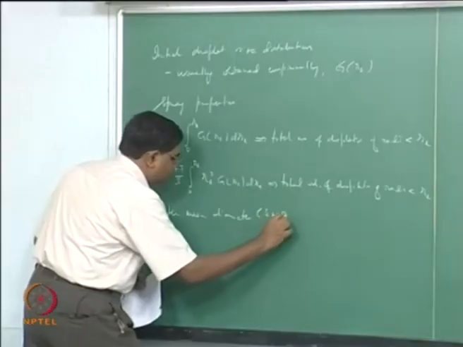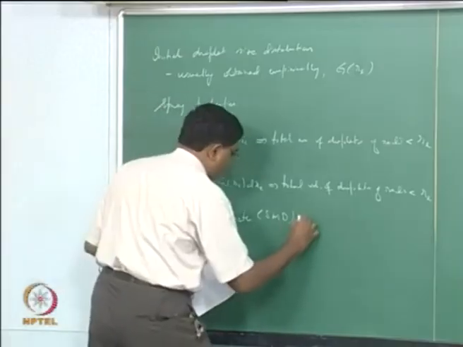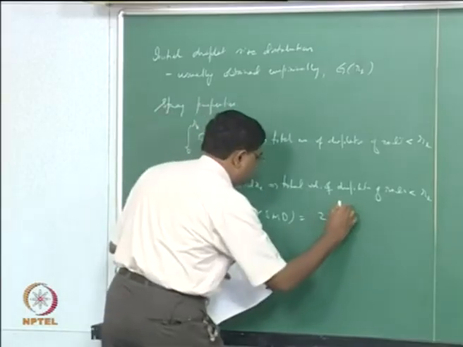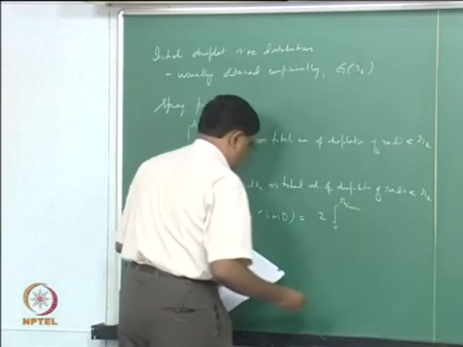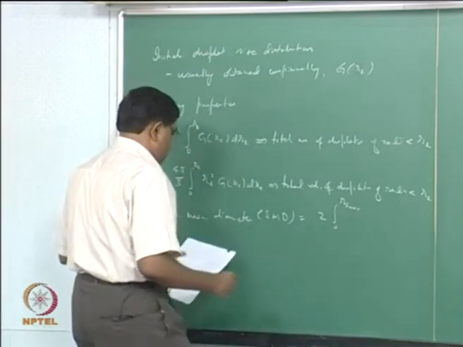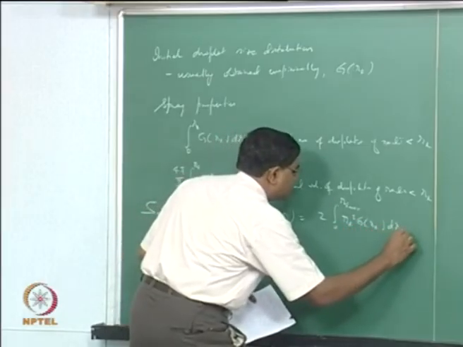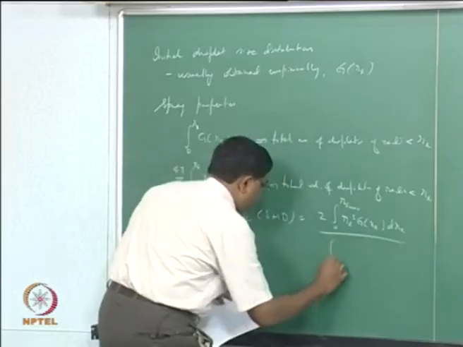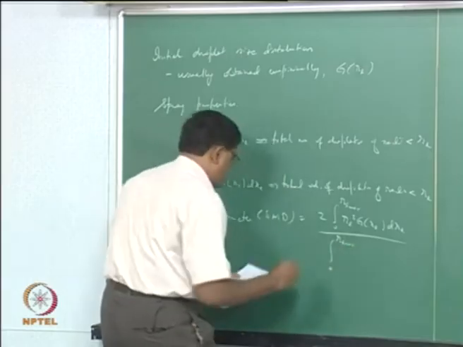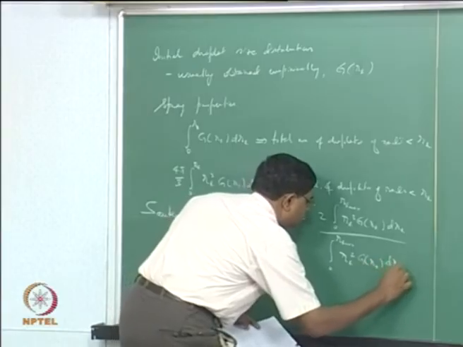or SMD, which can be written in the form of an integral. It can be written as integral 0 to, let us say, a certain maximum RL that you have in the distribution, of RL cubed G(RL) dRL divided by integral 0 to RL max of RL squared G(RL) dRL.